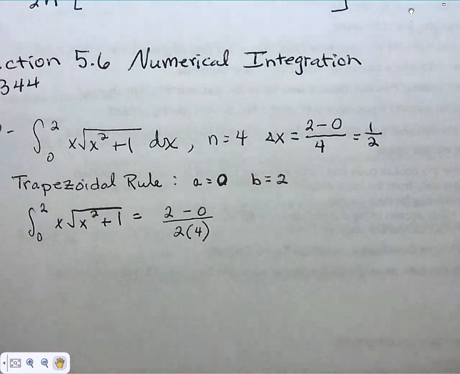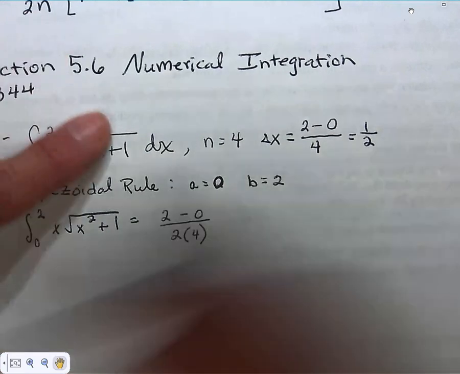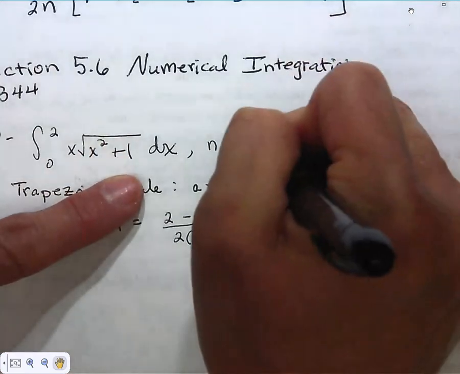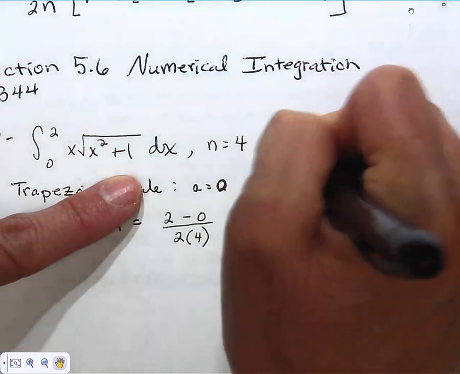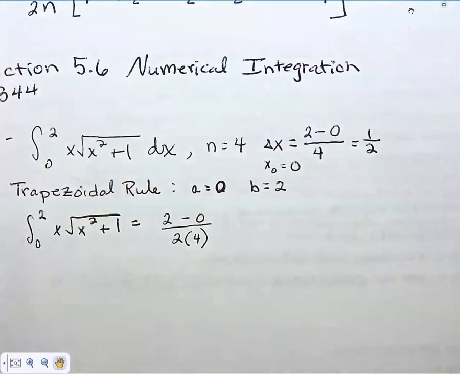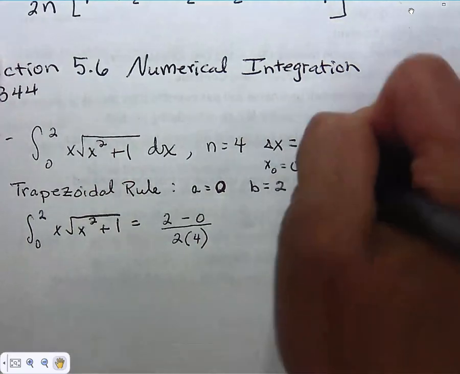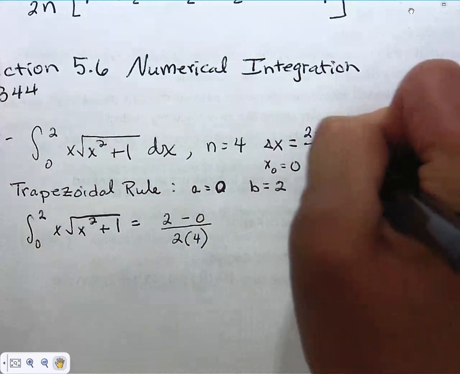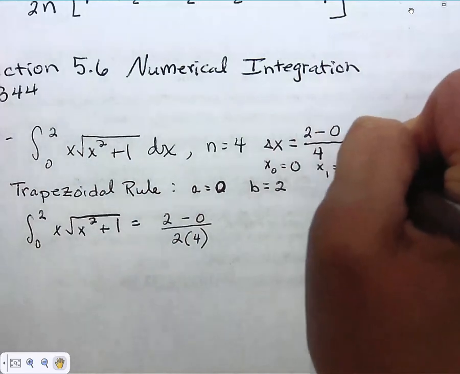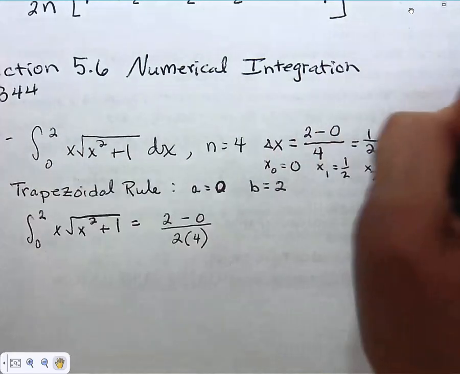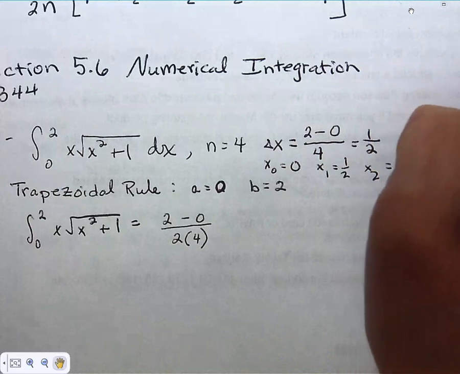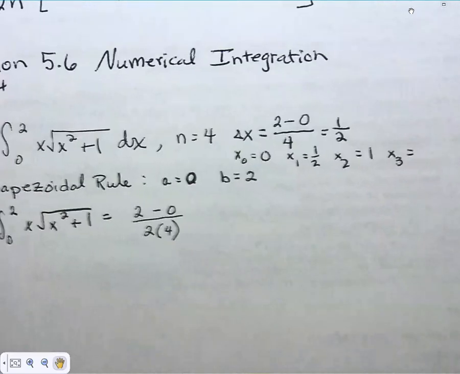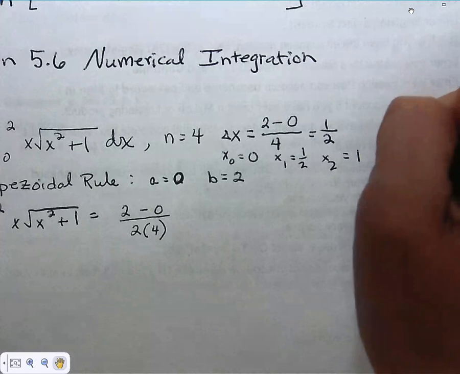So that means our first x value is going to be 0. And if we're counting by halves, what's the next one going to be? A half. And the next one's going to be a whole. And the next one's going to be 1.5.